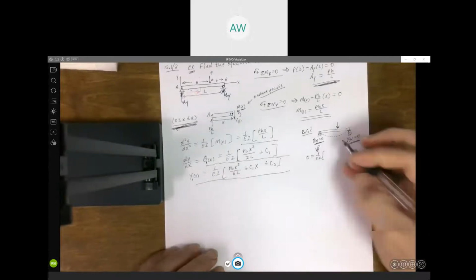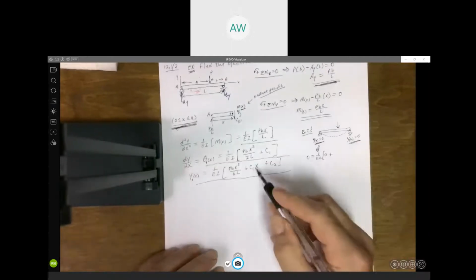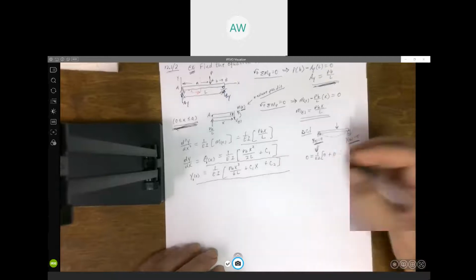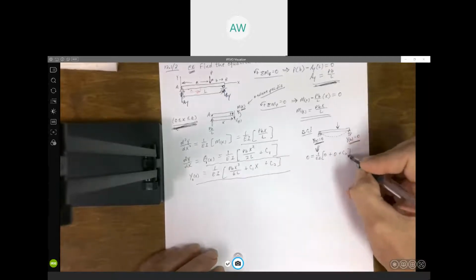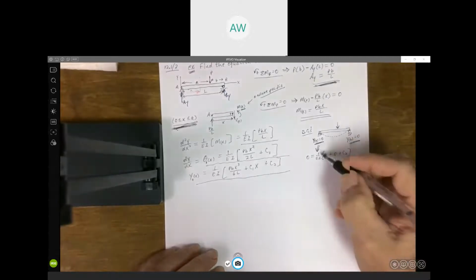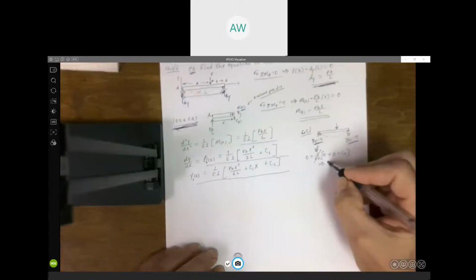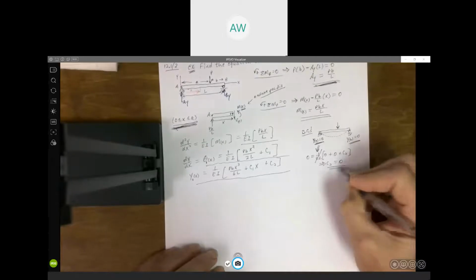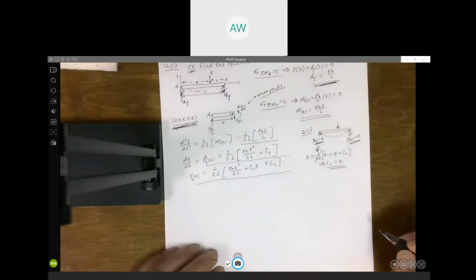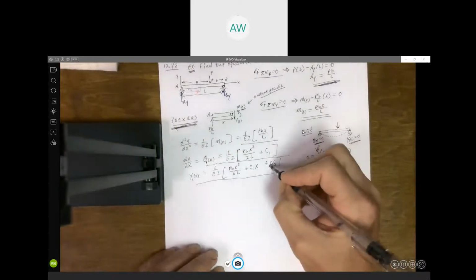So this is going to be 0 plus C1 times 0 plus C2. And we can cancel the 1 over EI, and we get C2 is 0. So I know at this point C2 here is 0.